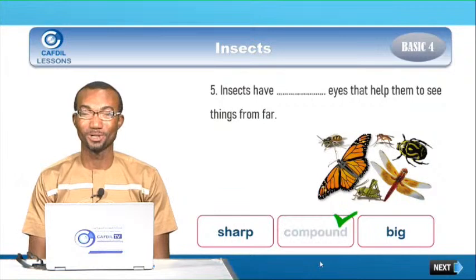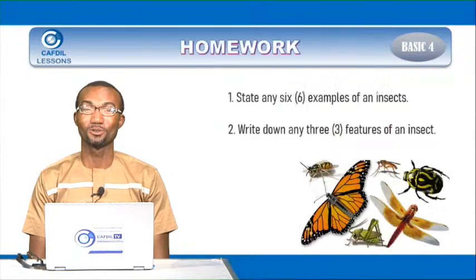You have all done well, and I believe you all understood the lesson on insects. Now, my kids, as usual, take this homework and make sure you do it. 1. State any 6 examples of insects.